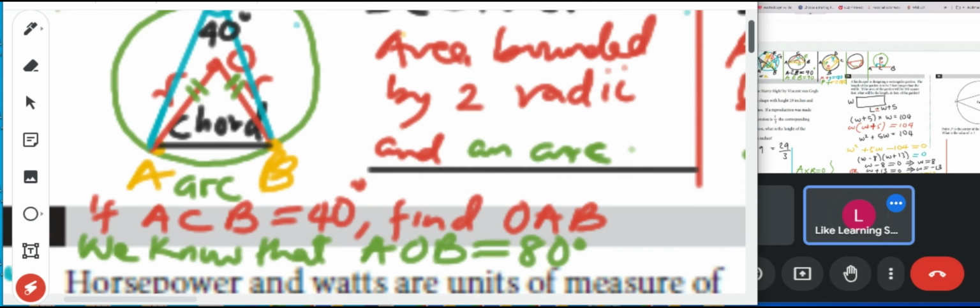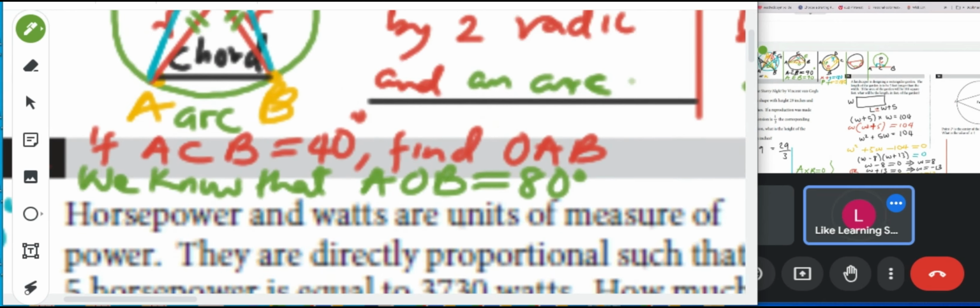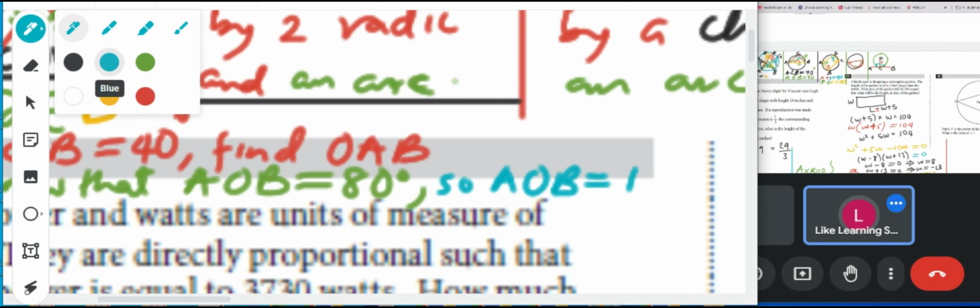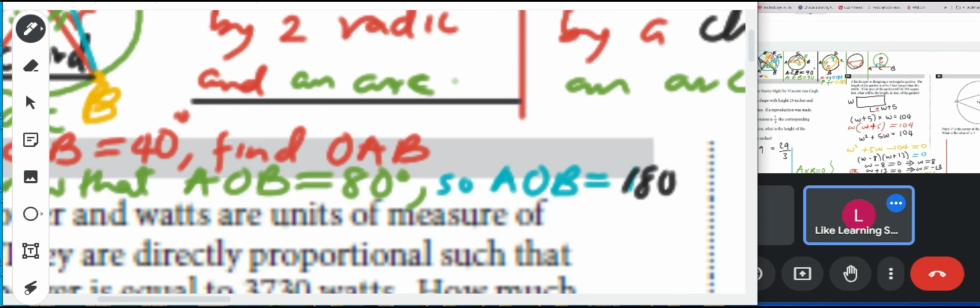Interesting. You know, that's just some of the tricks. Of course, what you did was 180 minus 80, divided by 2.